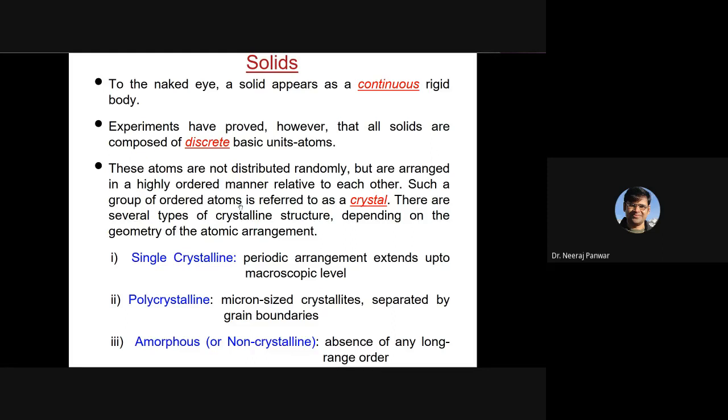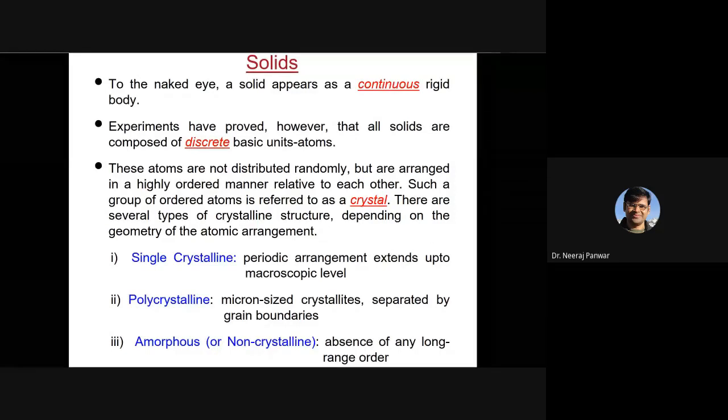But experiments have proved that all solids are composed of discrete basic units called atoms. And these atoms are not distributed randomly.